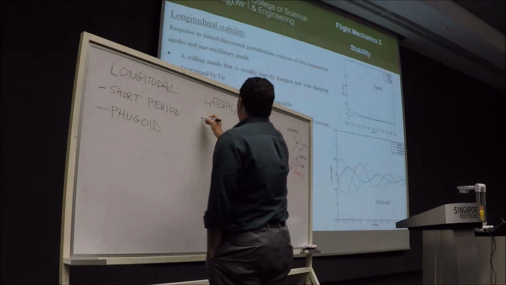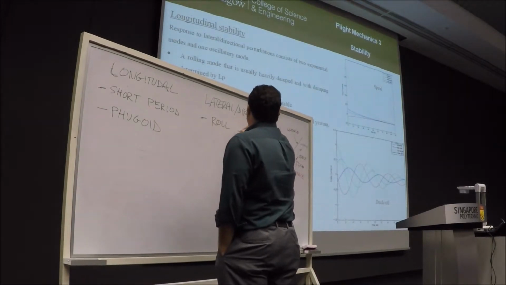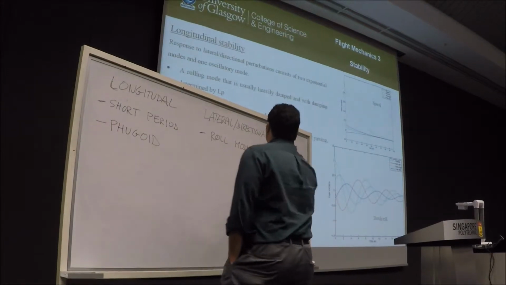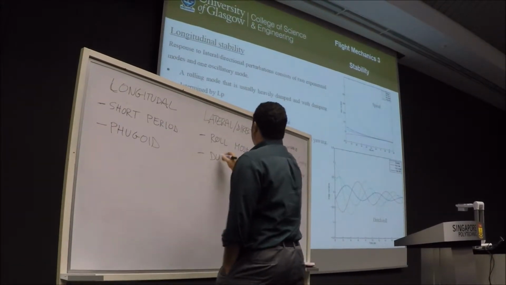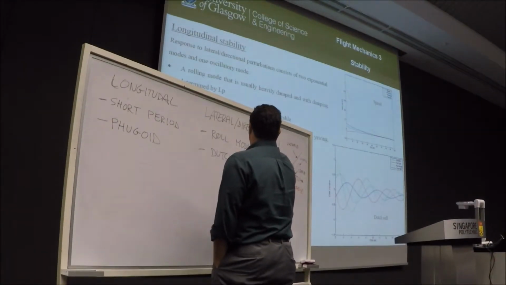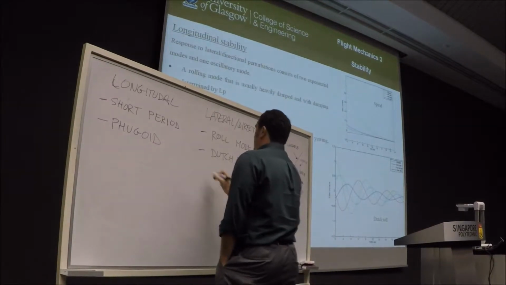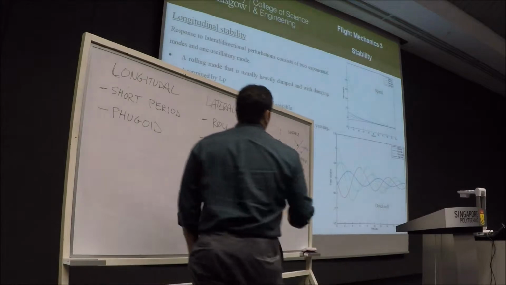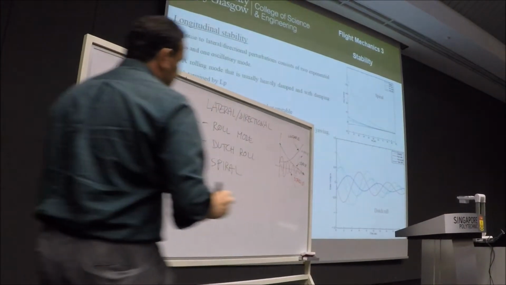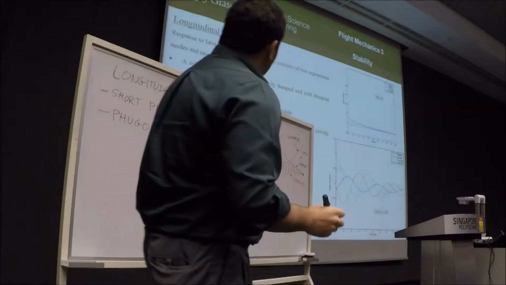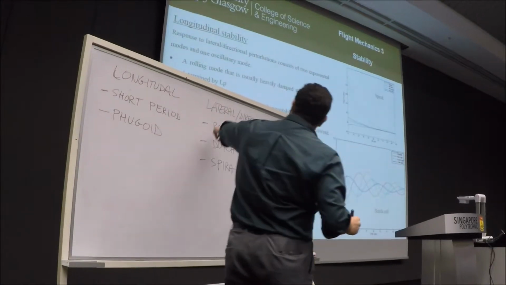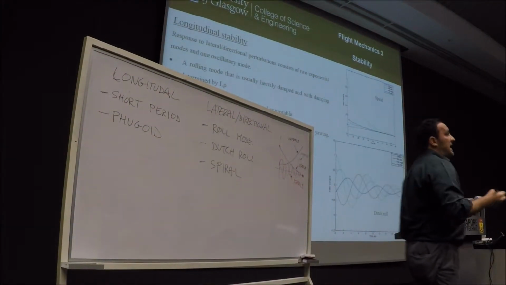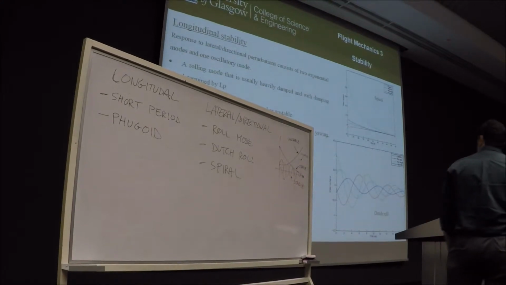The modes are a roll mode, then we have a Dutch roll, and then we have a spiral. Okay. So the spiral and the roll mode are exponential in their behavior.